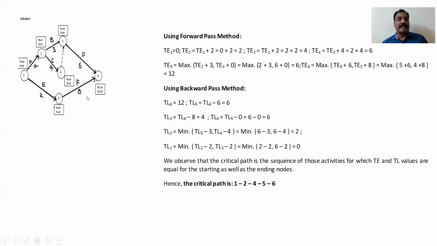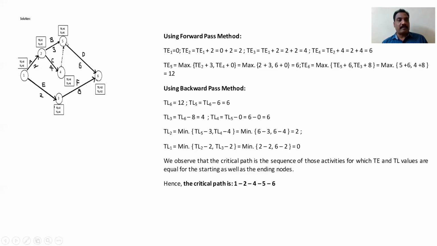Next, T3 is here. The link is here: T6 minus this activity gives you the T3 value. T6 minus 8 gives 4. That is, TL3 is 4. Similarly, TL4. TL5 we already found: TL5 is 6.